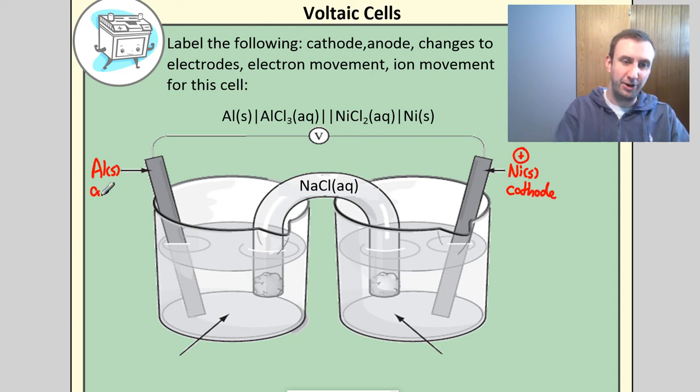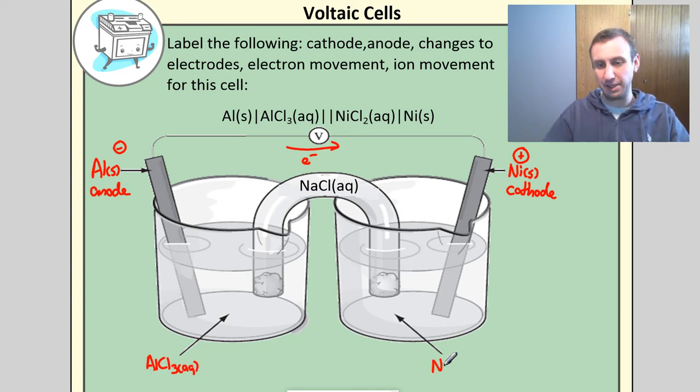This is my anode, which means it is negative. Electrons are going to travel from anode to cathode, so I can label that right away. This is going to be my aluminum chloride, AlCl3 aqueous, as my electrolyte, and this will be my NiCl2 aqueous.